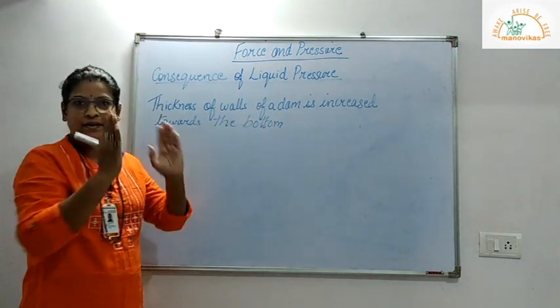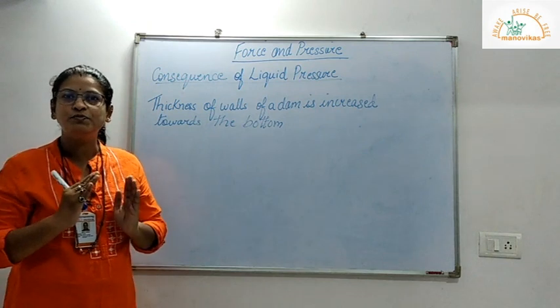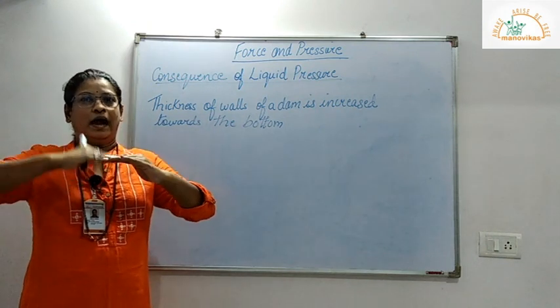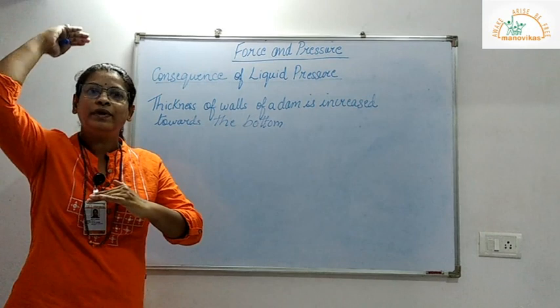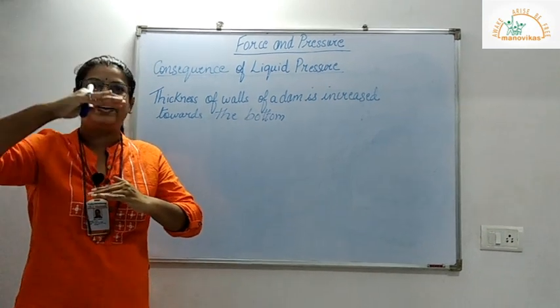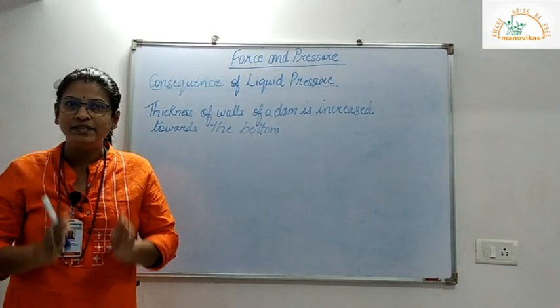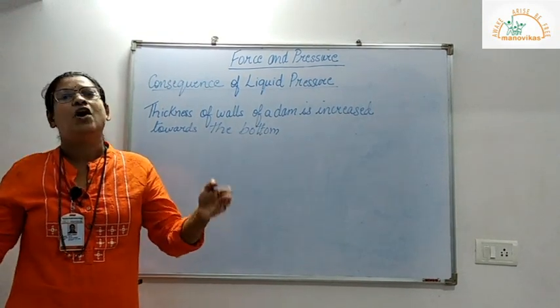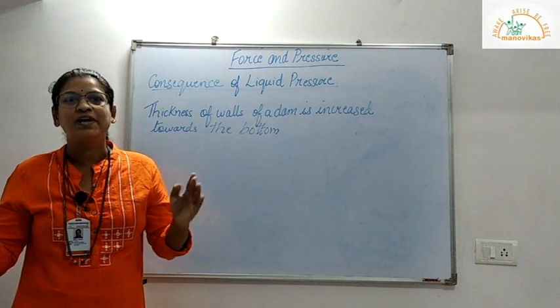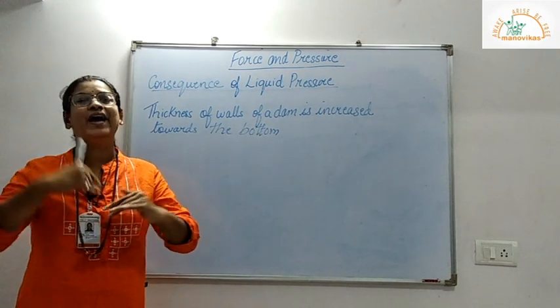This is because as the height of the liquid column increases, there is more pressure exerted at a point. So to withstand this pressure, the walls at the bottom of the dams are built broader.